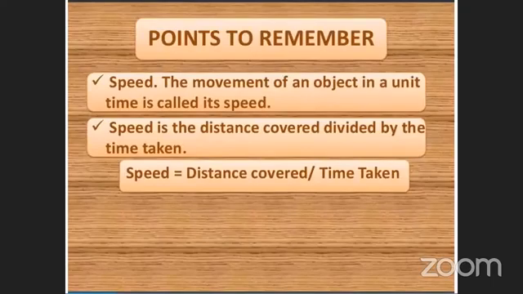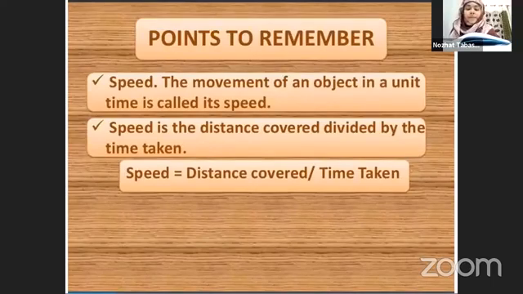Unmute yourself. Speed, the movement of an object in a unit time, is called its speed. Speed is the distance covered divided by the time taken. The formula of speed is distance covered divided by time taken.